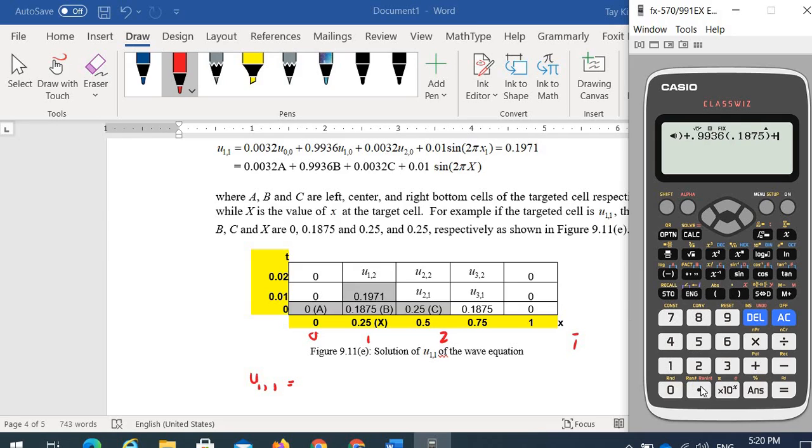Okay, plus 0.0032 U20, the value is 0.25.